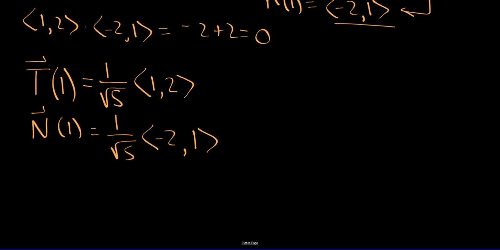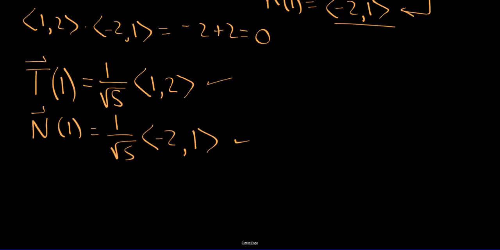So this is a unit normal vector, and the word unit means it has a magnitude of 1. This gives you an overview of what we're doing. We're going to look at finding the unit tangent vector and the principal unit normal vector.